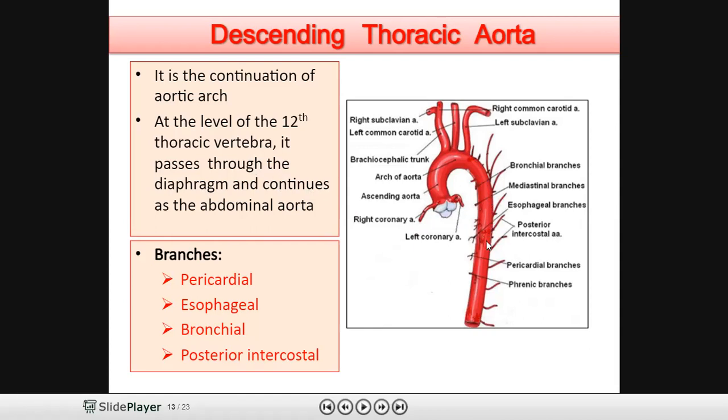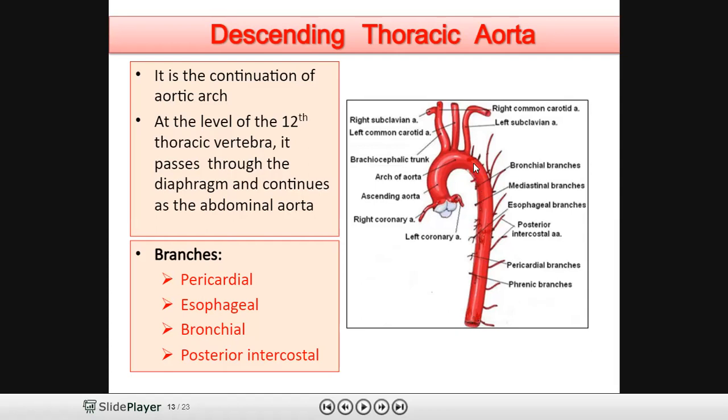Now, when it gets to the level of the 12th thoracic vertebra, it will pass through an opening, the hiatus of the diaphragm, and then it will become the abdominal aorta, or the descending abdominal aorta.